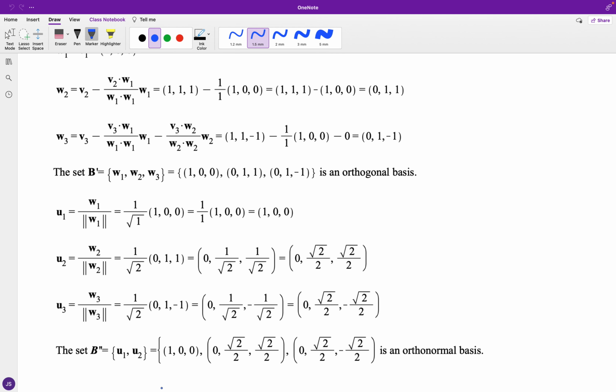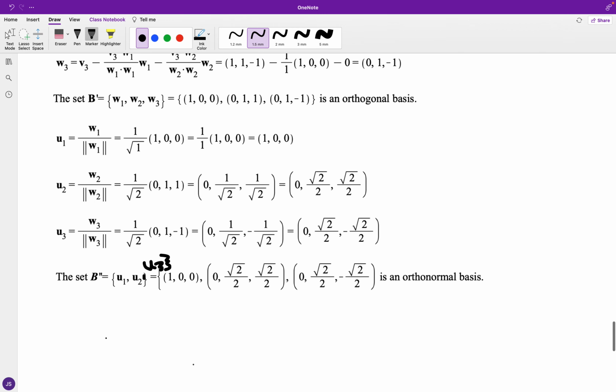And for this set B double prime, that's going to be U sub 1, U sub 2, U sub 3. And it's 1, 0, 0, 0, square root of 2 over 2, square root of 2 over 2. And then we have 0, square root of 2 over 2, and negative square root of 2 over 2. And then just close this out. And so that is going to be the orthonormal basis involved.